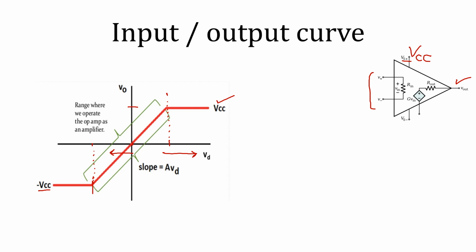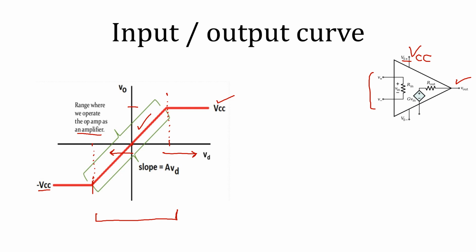So this particular region is the amplification region, where we get a constant slope between VD and V out. Whenever an OpAmp operates as an amplifier, it should work in this particular range of VD only.